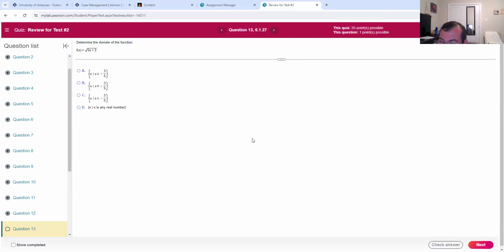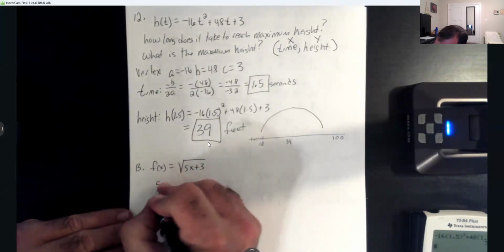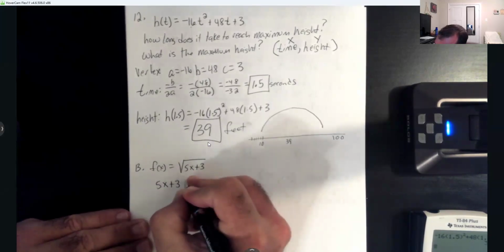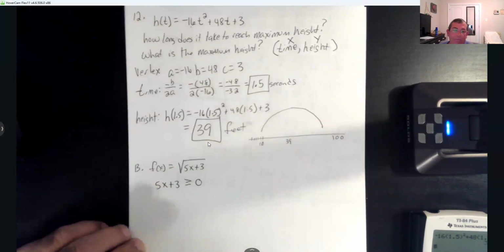Y'all, one more and then we'll probably do a break here. Find the domain of f of x equals the square root of 5x plus 3. On this radical stuff, we took what was underneath, the 5x plus 3, and set it greater than or equal to 0.